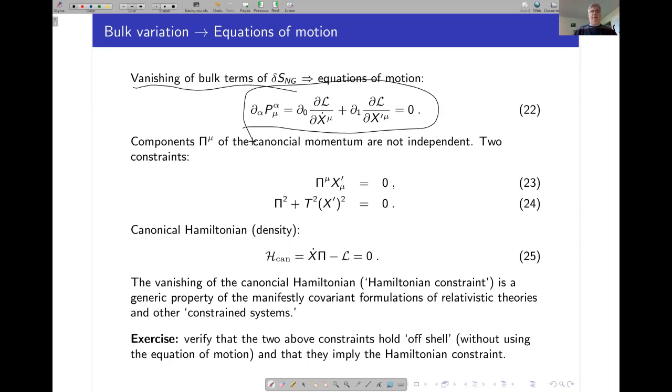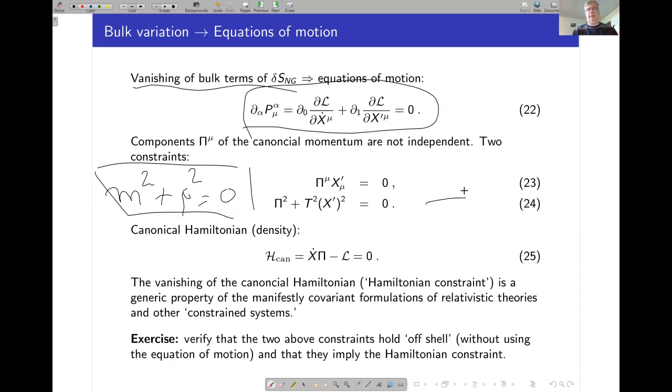Namely, we can come back to the topic of constraints. For the point particle, we saw that the kinetic momentum was equal to the canonical momentum, and therefore the components were not independent but subject to a constraint, the mass shell condition. Now this generalizes again to string theory, because you can show that this time there are two constraints.